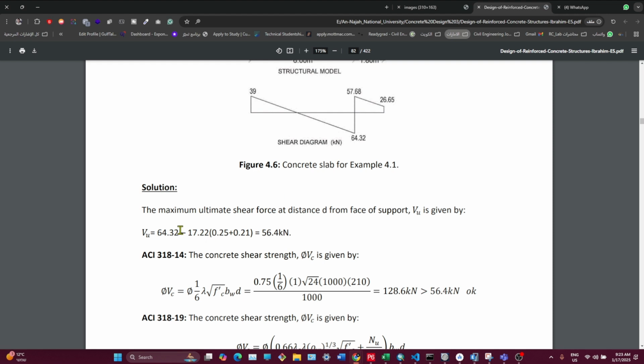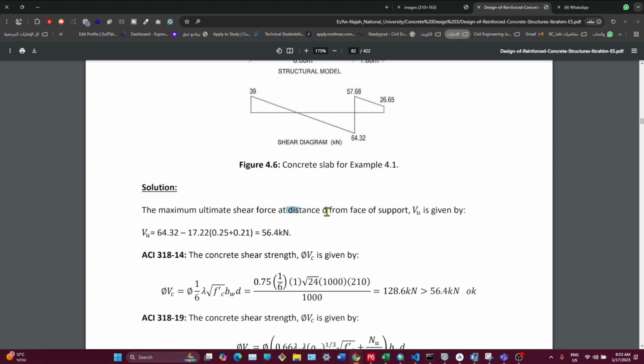Exactly. Now we need to compute the maximum ultimate shear force at a distance d from the face of the support. Why at a distance d from the face of support? You can take it exactly at the center of the support or at the face of the support, but this means the V ultimate will be larger.